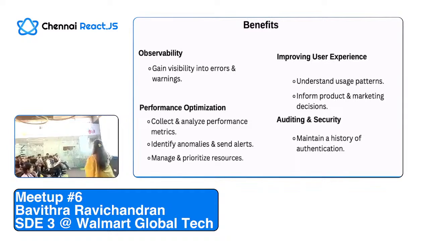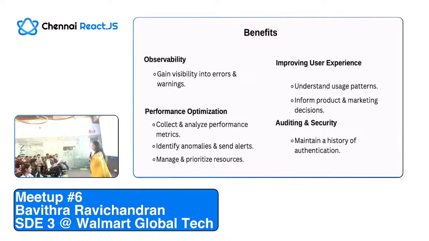Related to performance optimization, we also collect every performance-based metric, like how it has been loading, at what time, and whether it was in a browser. So we could know how to improve performance in terms of LCP, Largest Contentful Paint, and First Input Delay.